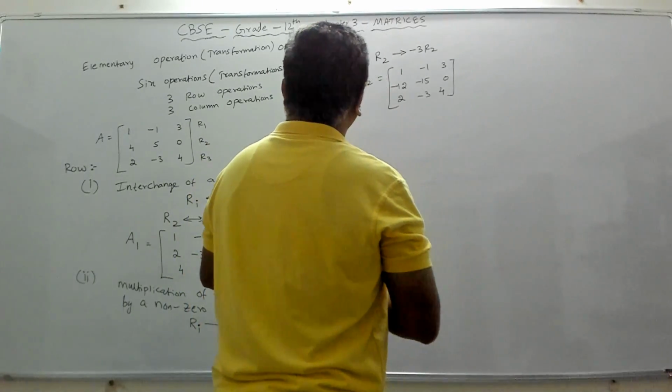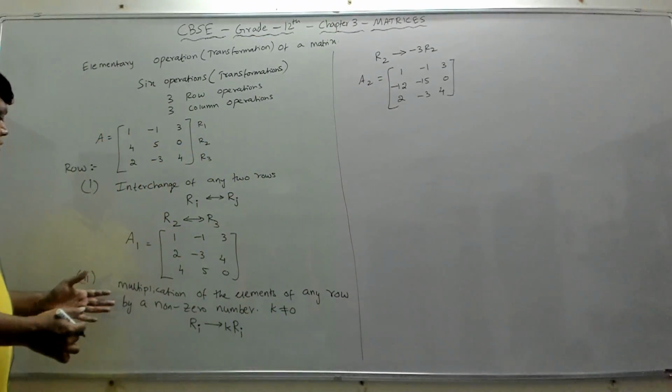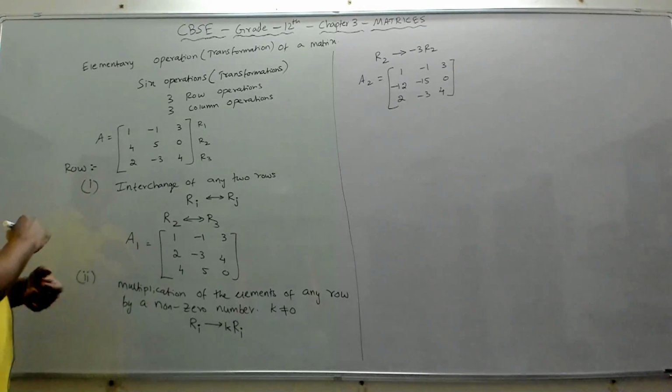Fine. So this is the second row operation which can be applied on a matrix.